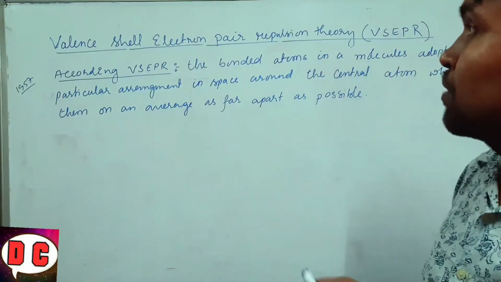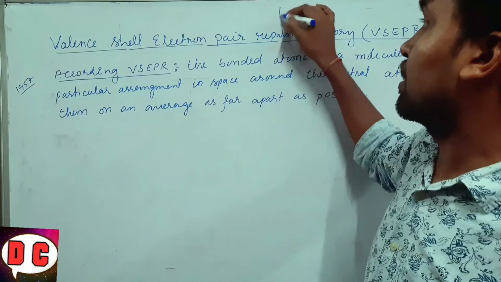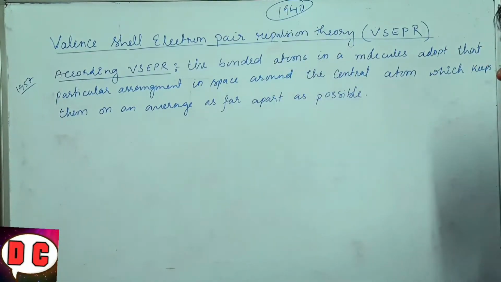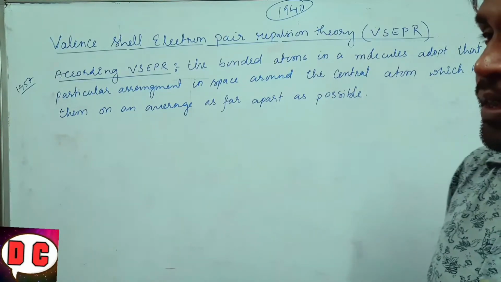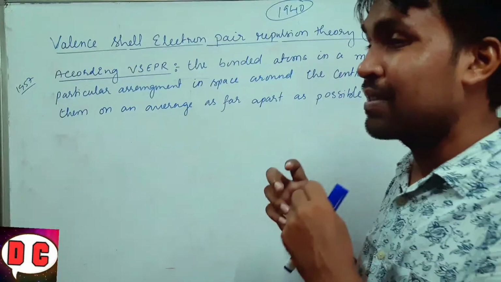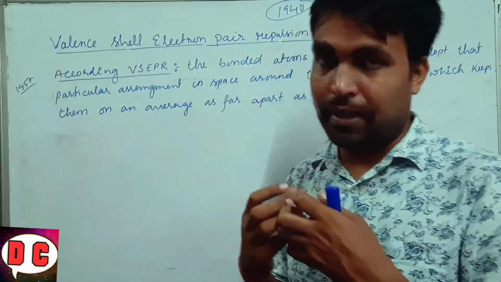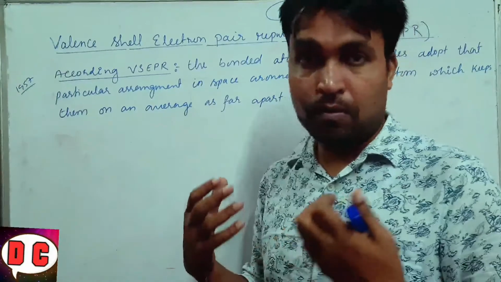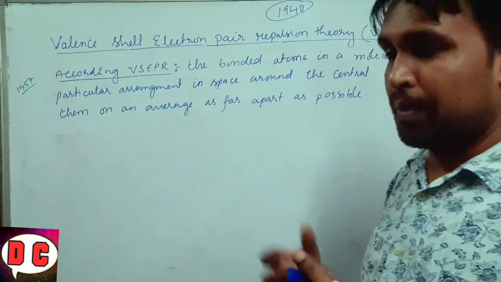This theory was proposed by Powell in the year 1940. It is totally based on the repulsive forces, or repulsive interactions, between the bonded atoms or the lone pairs of electrons.